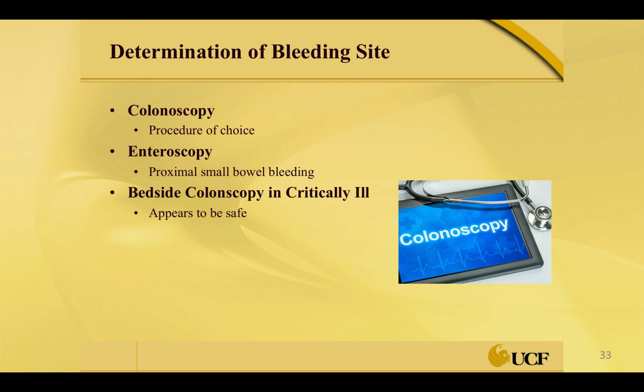Colonoscopy is the procedure of choice to determine the bleeding site. Enteroscopy is done for proximal small bowel bleeding. So far, bedside colonoscopy in critically ill patients appears to be safe, and again is a procedure of choice for determining the bleeding site.